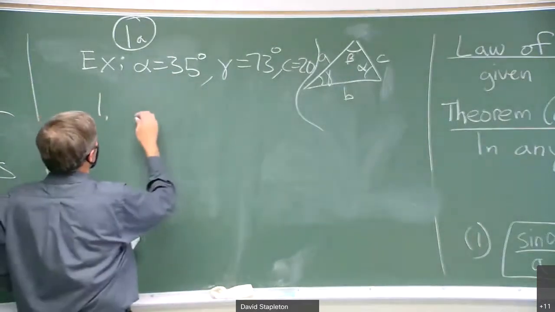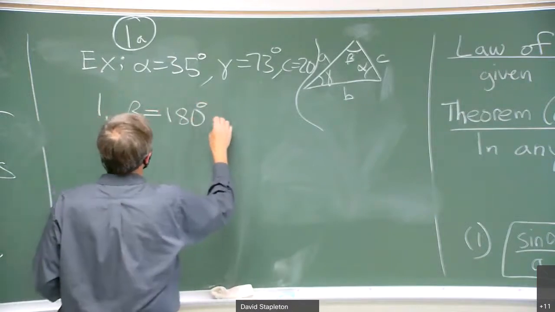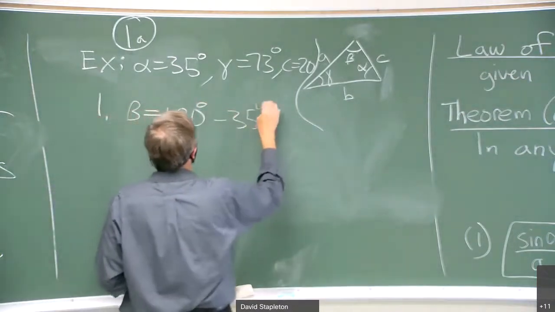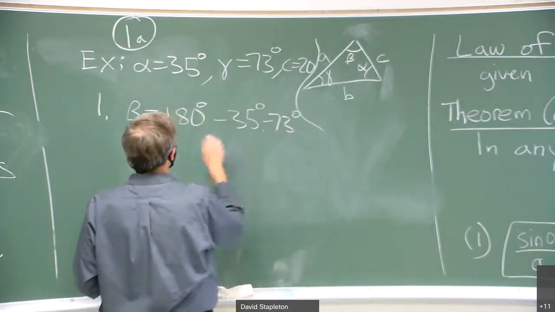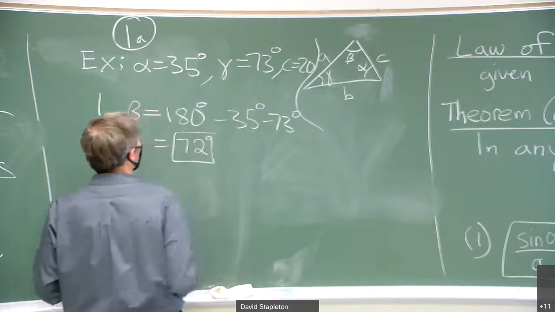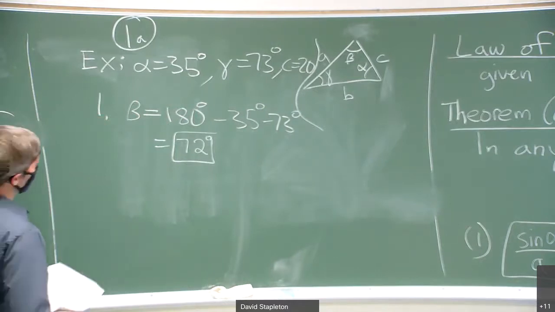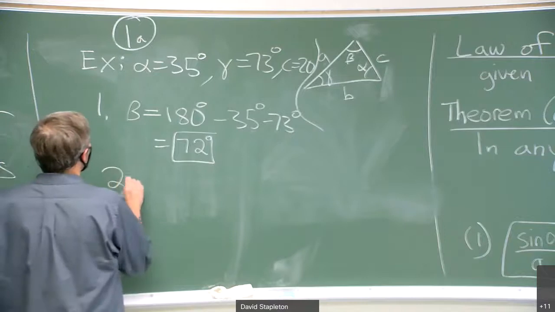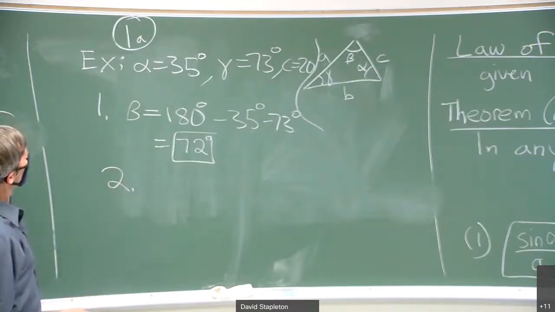So immediately, just to save risk of error, beta is 180 minus 35 minus 73. Let's see, there's 108 there, so that would be 72 degrees for beta. Low chance of mistake, right? So as soon as you have 2 angles, find the third angle. Now, the rest of the time, we're going to have to use the law of sines, though, right?